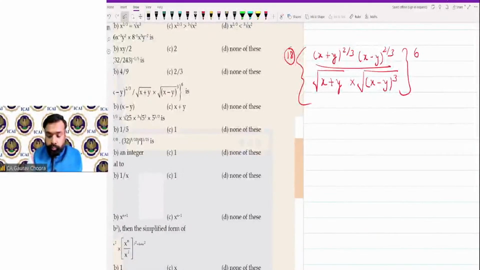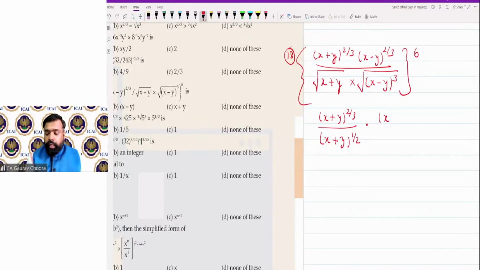So x plus y is having the power 2 by 3, whereas in the denominator, x plus y is having the power root. Root means power half is there.